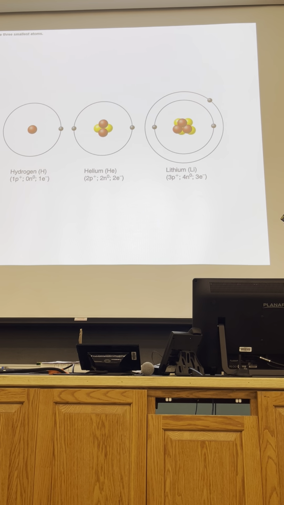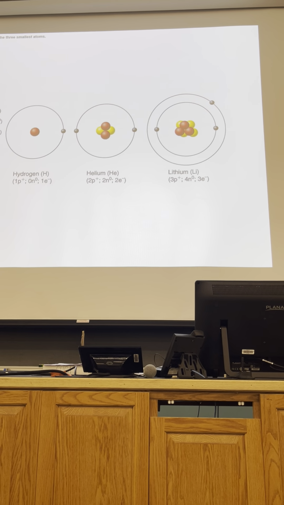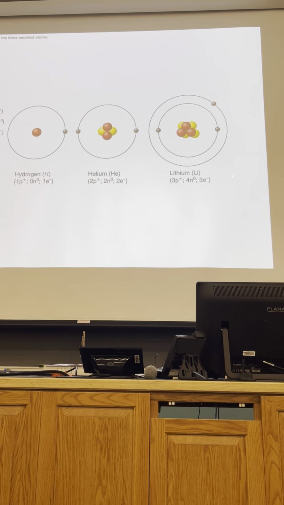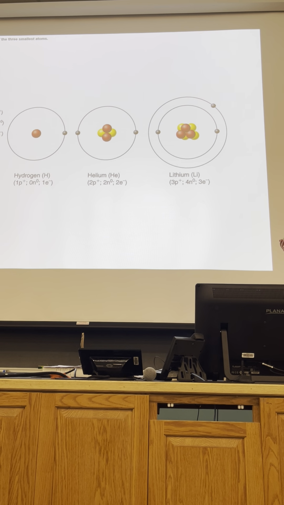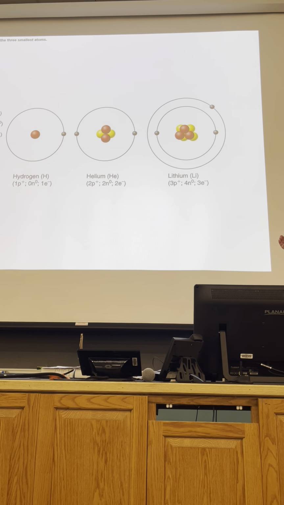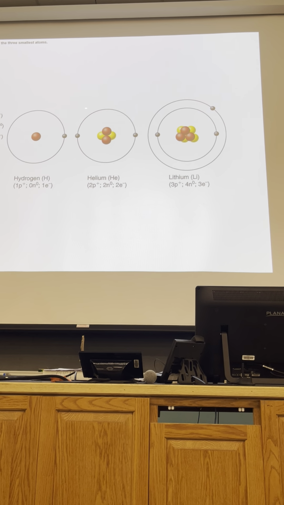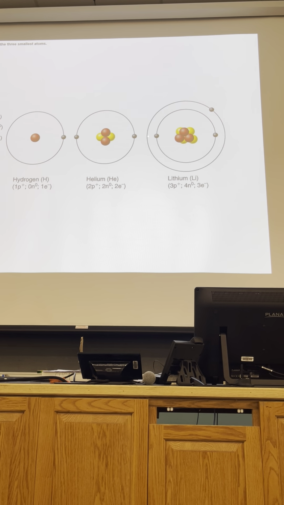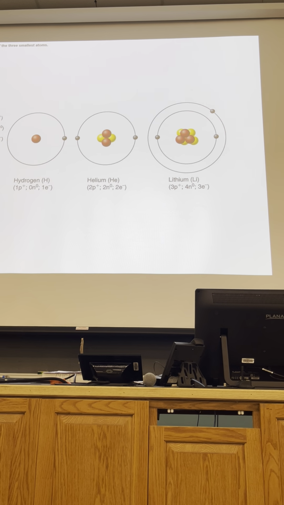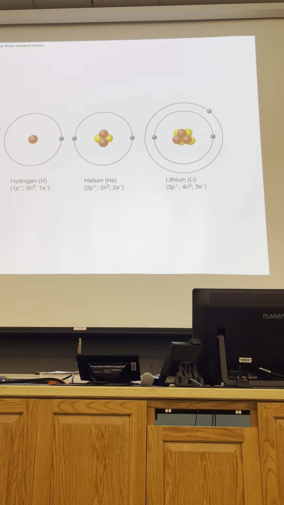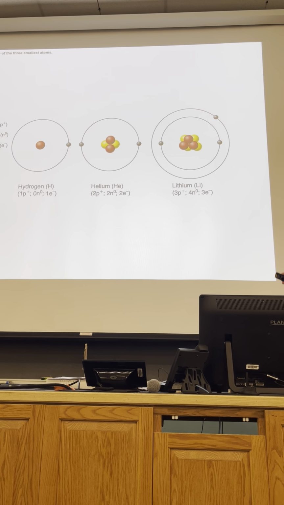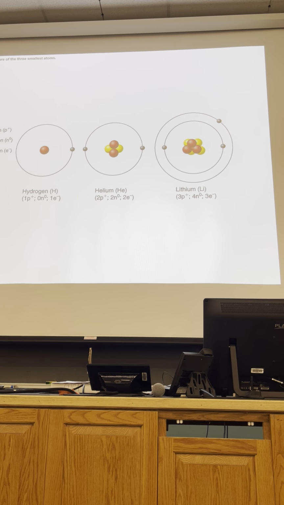How many maximum can that hold? 8. And then if I was to draw a third shell, how many maximum? 8, yeah. And that's as far as we're going. So this first shell can hold a maximum of 2. Second shell can hold a maximum of 8. When you're throwing in electrons with these shells, you start with the innermost shell first.